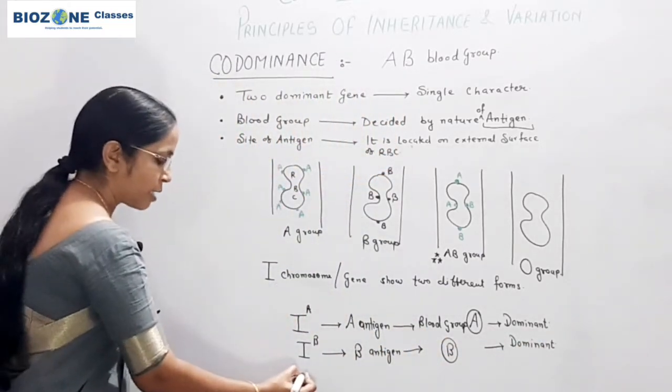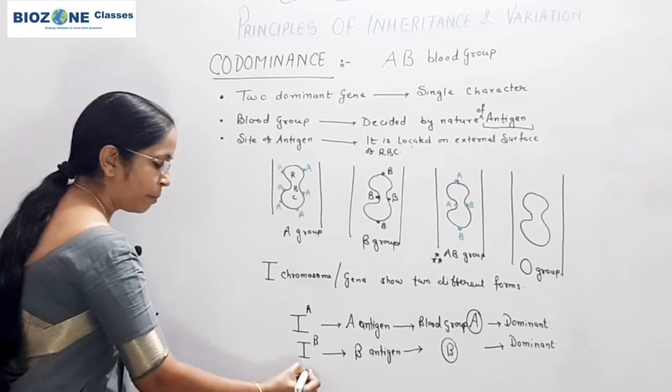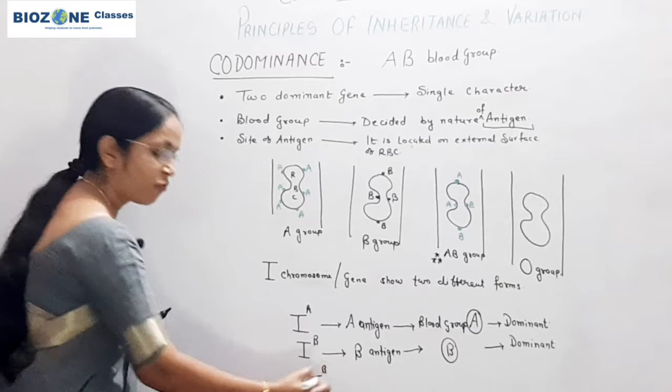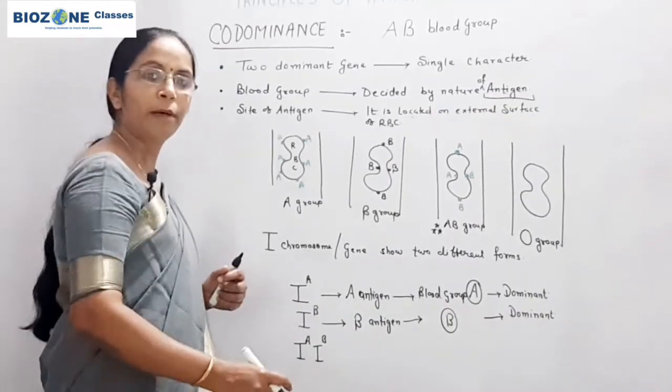But when the I gene shows the presence of A as well as the presence of B, this part you remember very well.